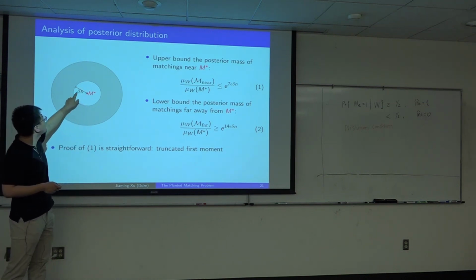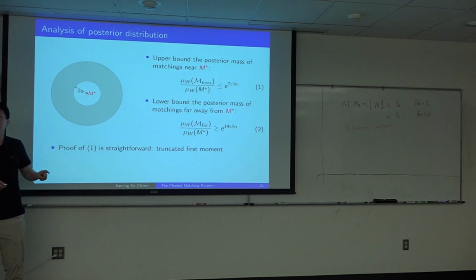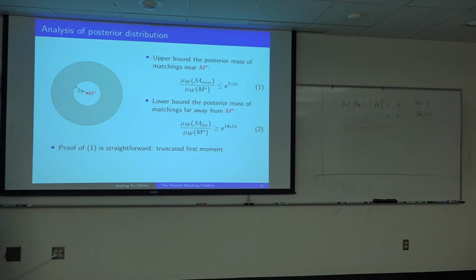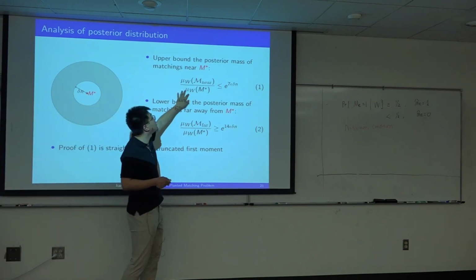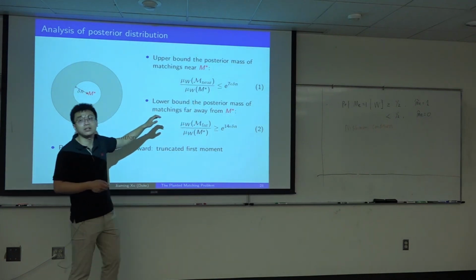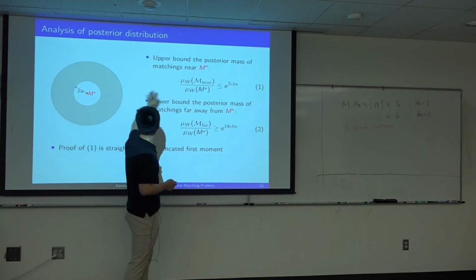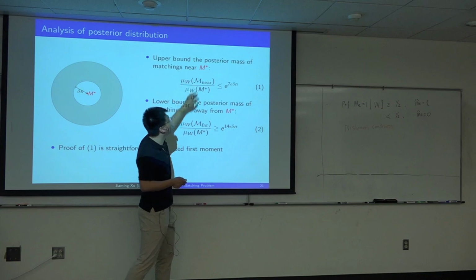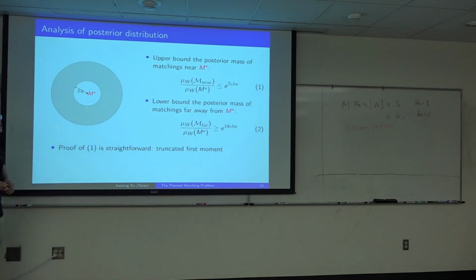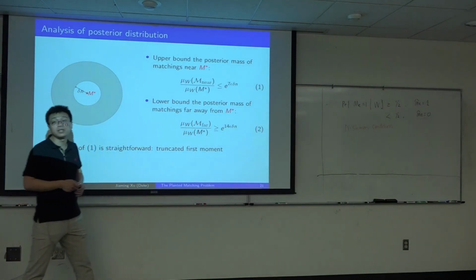And also, since those matchings are close to m star, their likelihood cannot be too large compared to the true matching. So that's why you can upper bound this quantity using the first moment method, considering all the possible close matchings, and then bounding each term. You can compute the mean of this, and then show this mean is bounded.